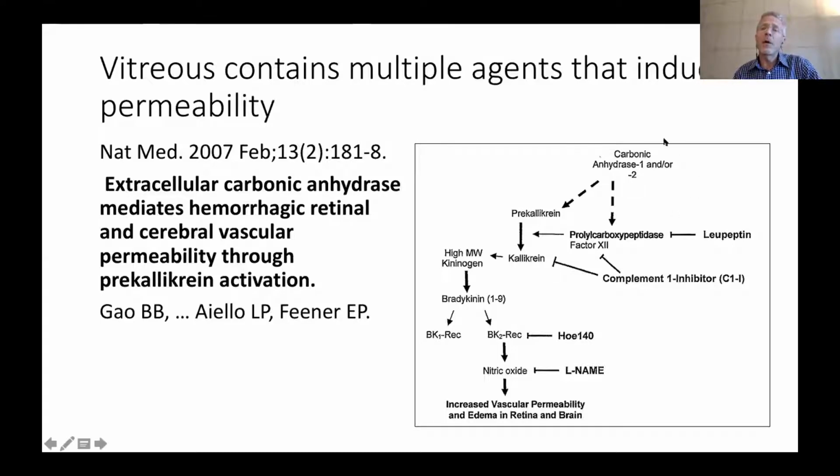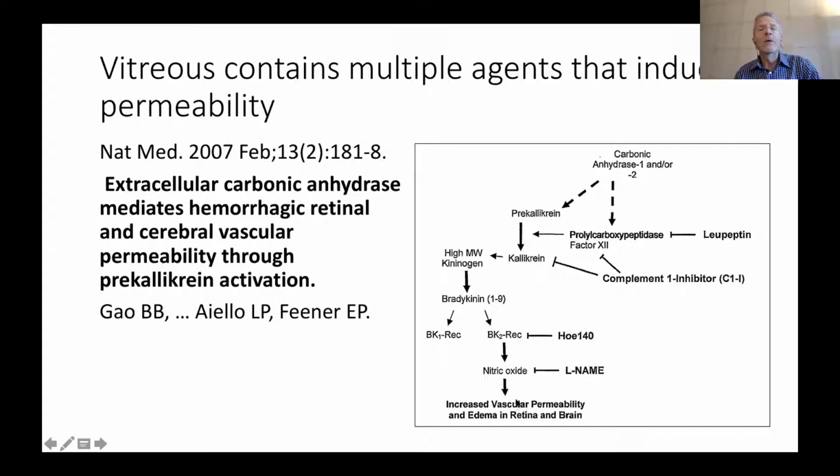So carbonic anhydrase is an enzyme which changes the pH of the vitreous slightly, and at that lower pH, the conversion of prekallikrein to kallikrein goes much better, and what kallikrein does is it generates bradykinin, and bradykinin is capable of causing leakage of retinal blood vessels.